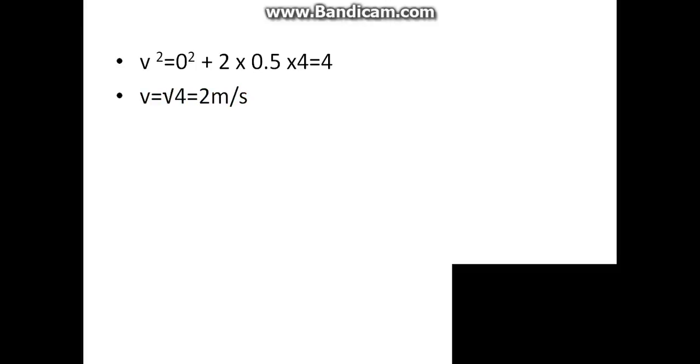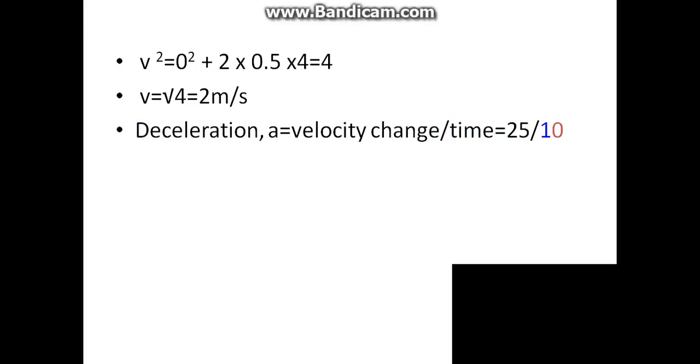Taking the square root of 4, we get v equal to 2 meters per second. Deceleration a is equal to velocity change over time, which is equal to 25 over 10, which gives us minus 2.5 meters per second squared.